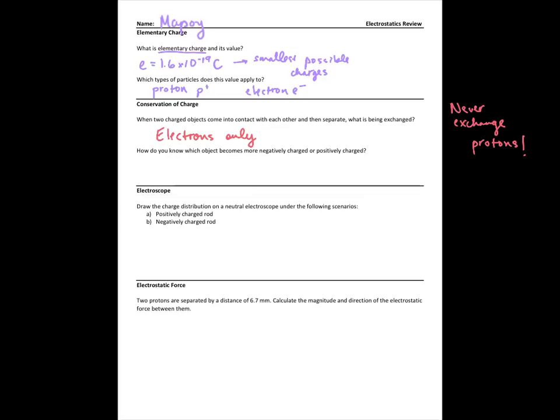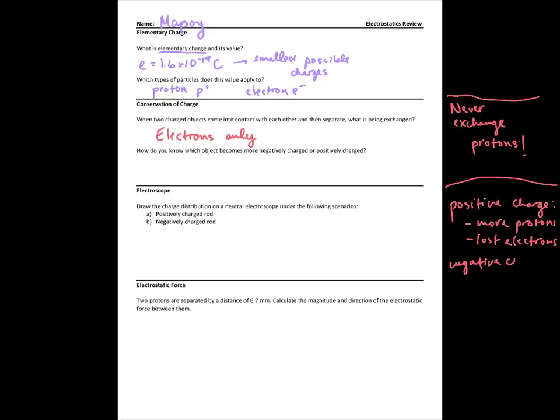Now, how do you know which object becomes more negatively charged or positively charged? So remember, okay, that positive charge means more protons and they lost electrons. Whereas the negative charge, you have more electrons and they gained it.